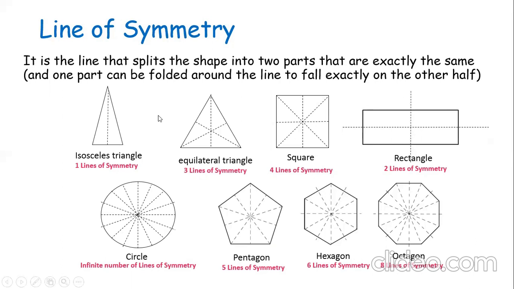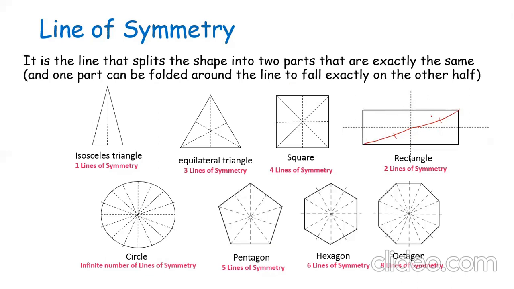So we have already seen the square example where it has 4 lines of symmetry. Here the rectangle has 2 lines of symmetry, because if we thought of drawing the diameter here, for example, those will be equal.